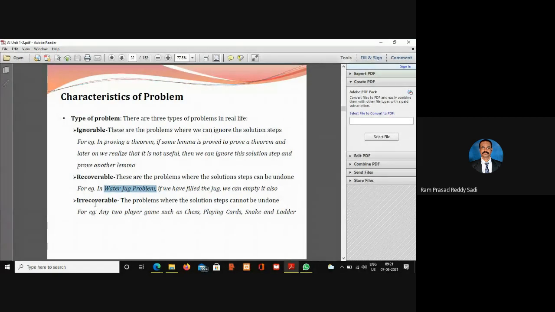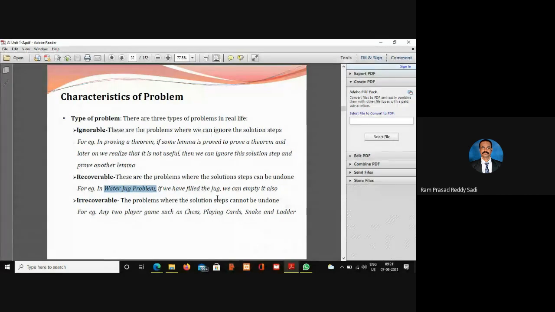As for irrecoverable problems, you can understand the meaning just by the names: ignorable, recoverable, and irrecoverable. Irrecoverable problems means the solution steps cannot be undone. Just like the chess game. Suppose the two of us are playing the game.